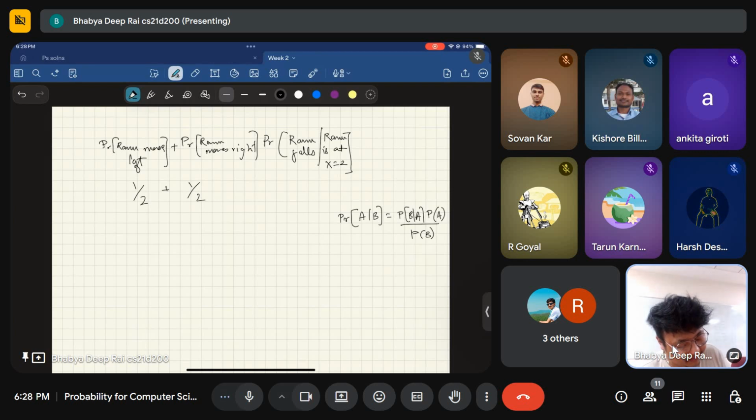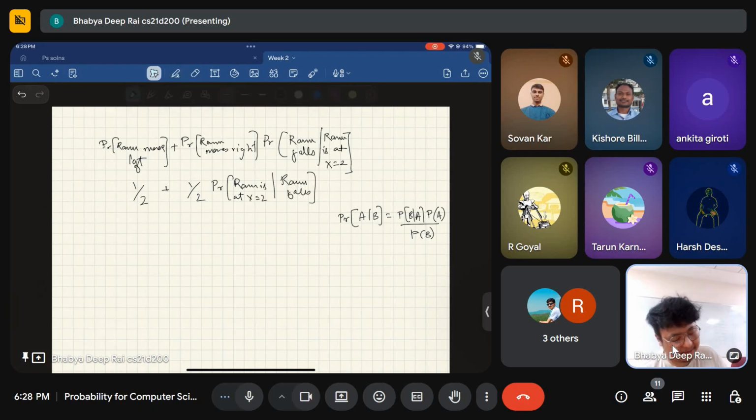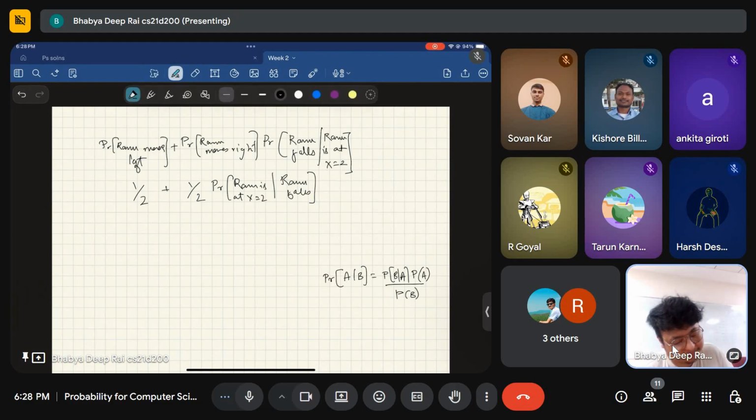Okay. Now this will be equal to probability that, so Ramu falls is A, so it will be Ramu is at x equals 2 such that Ramu falls, times probability of A, which is probability that Ramu falls, and probability of B, which is probability that Ramu is at x equals 2.